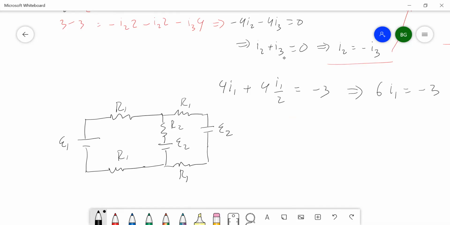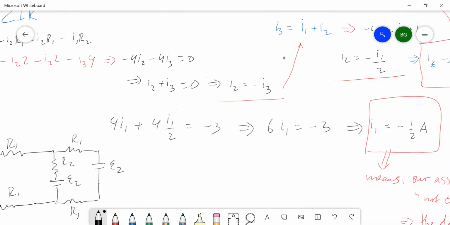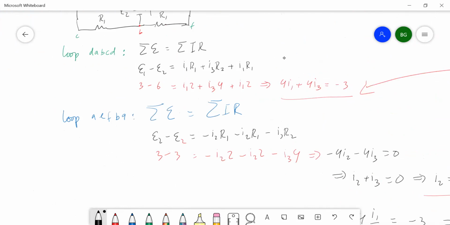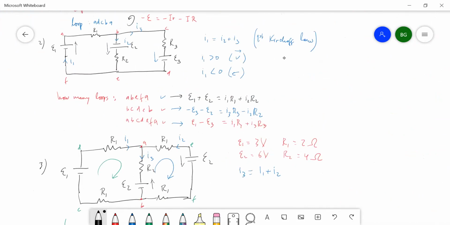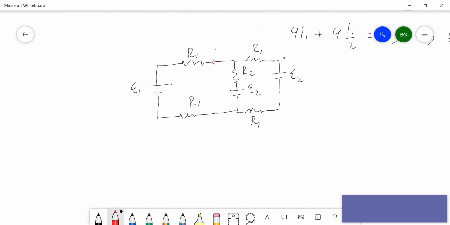So the ones to correct are I1 and I3. It should be like this: this is I1, this is I3, and this is I2.